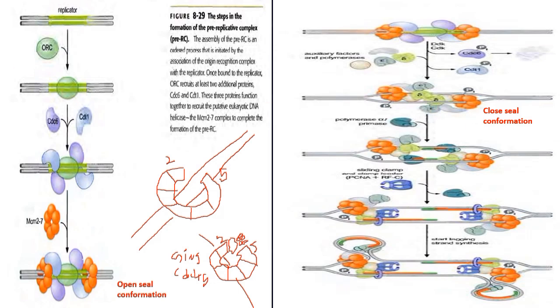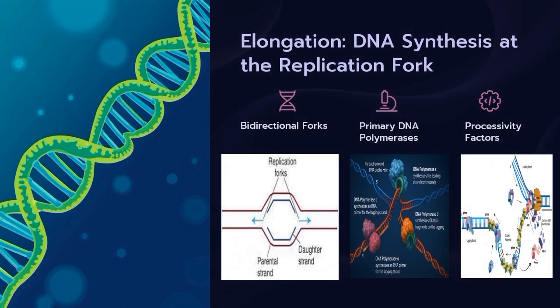Now let's move forward to the elongation step. The next phase in eukaryotic DNA replication is elongation, and the elongation can be divided into three portions: bidirectional fork, primary DNA polymerase, and processivity factor. In bidirectional fork, we will understand the dynamics of the replication fork in the replication.